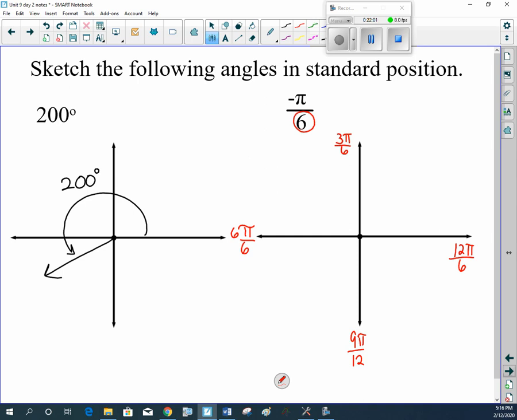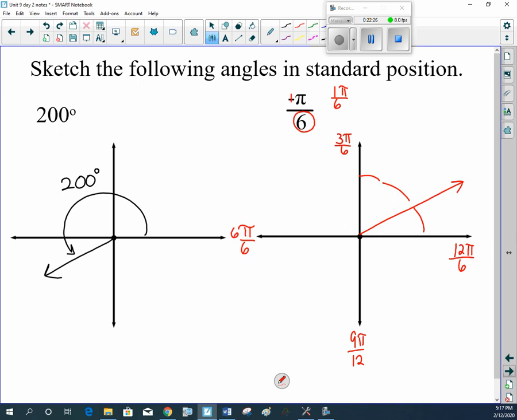Okay, so what you have to decide then is, let's pretend this is positive for a minute, where would 1 pi over 6 fall? Well, this is 3 pi over 6, so that means I have to have 1, 2, 3 to get all the way around. So one of them would be about right here.